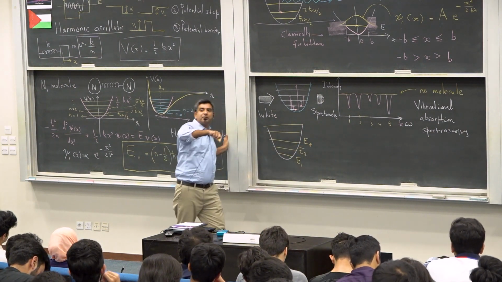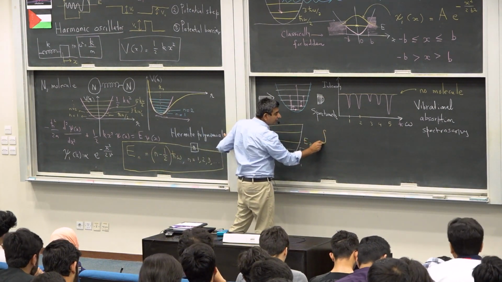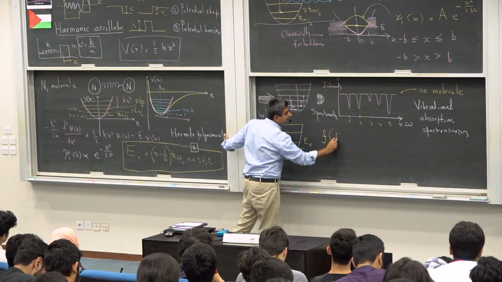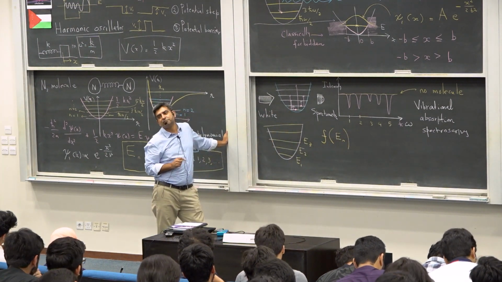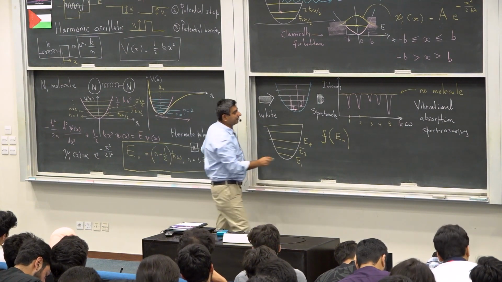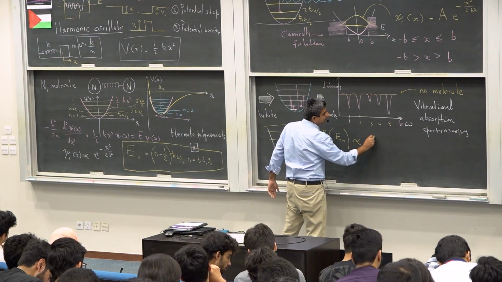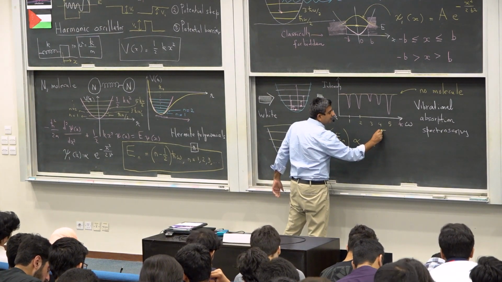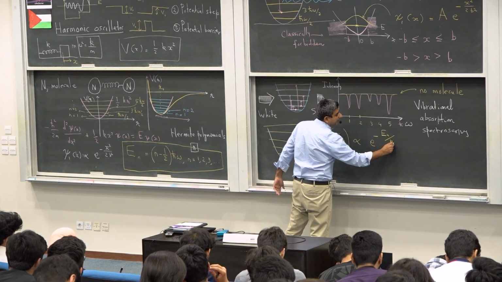The fraction of molecules inside an energy level En is proportional to e raised to the power minus En over kBT.